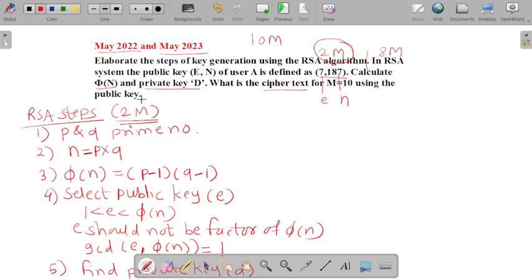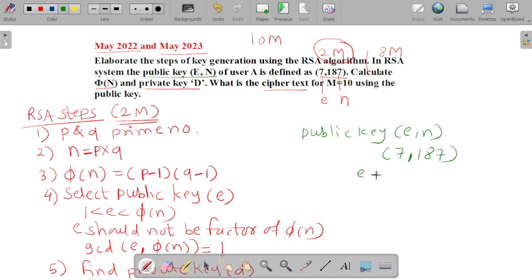Now we will solve the example using this RSA algorithm, and whatever the steps we have elaborated here, based on that we will solve our example. So the example is, the public key E and N is given, which is 7 and 187.